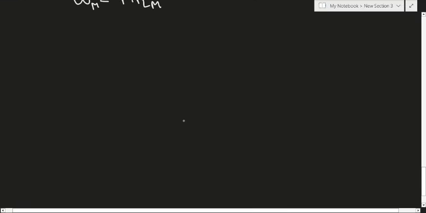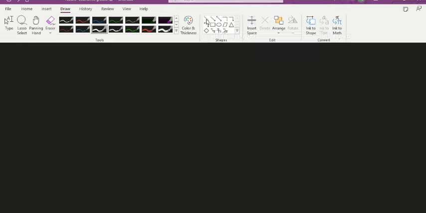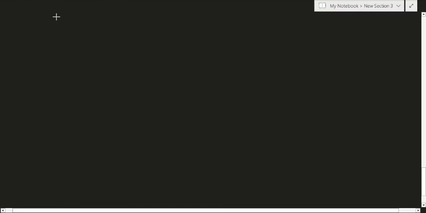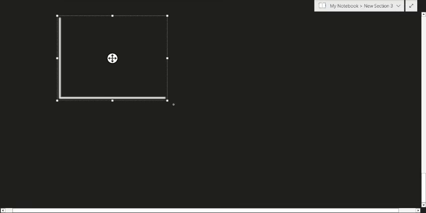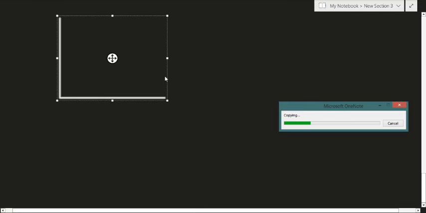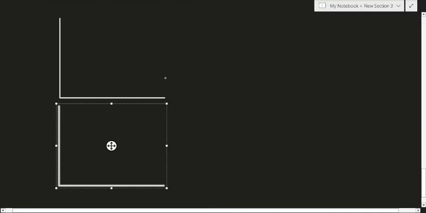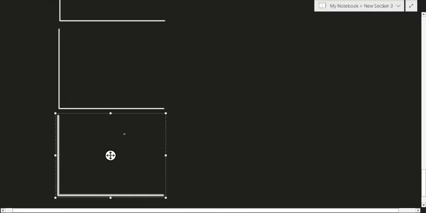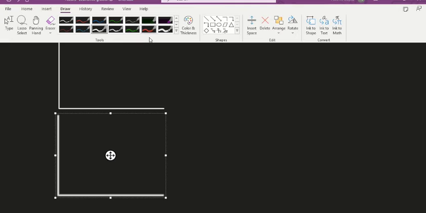Now we are drawing the diagrams. So basically, we have four panels. One second.